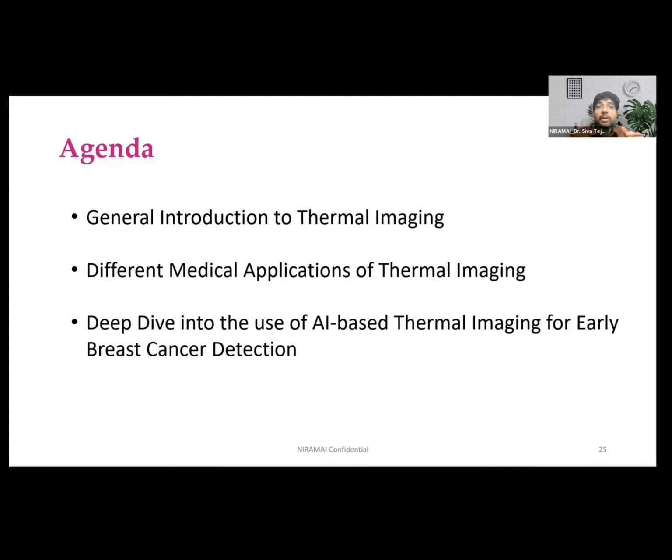What I'll do is first talk about what thermal imaging is, what it is that we measure, why we need that, and what the different medical applications of thermal imaging are. Then I'll deep dive into some of the AI components of how we are detecting breast cancers with thermal imaging at Niramai.